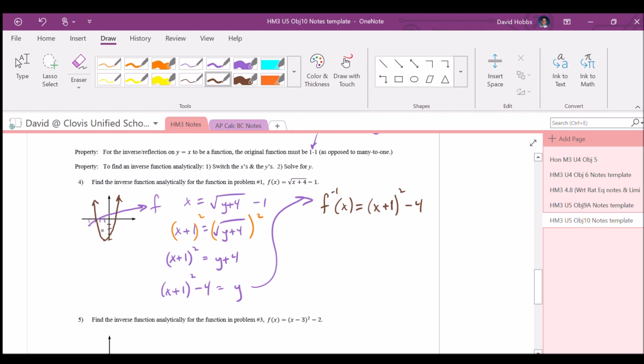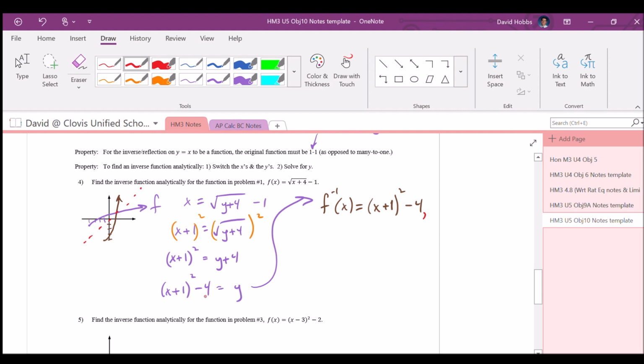We only want half of that. Which half do we want? Now, if you have the graph going, it's pretty easy to see. You're going, I want the right side, because that would be the mirror image across the line y equals x. Okay. And so if you have the little sketch going, you say, okay, I want the right side.